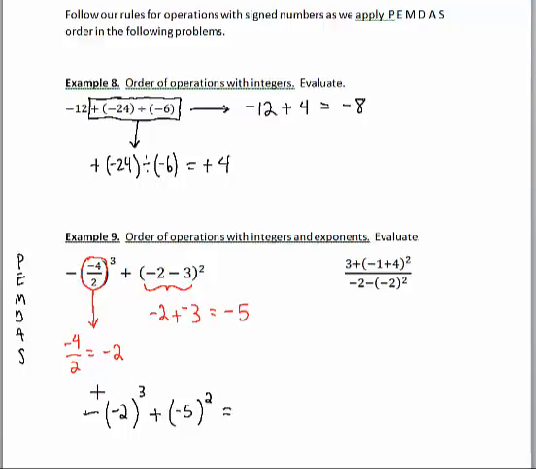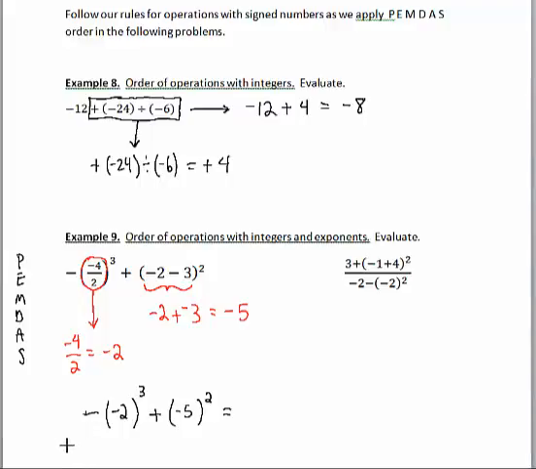And now a lot of students are tempted here to apply the double negative rule to these two negatives, but you have to remember that the order of operations takes precedence over multiplication. When you apply the double negative rule, what you're doing is you're doing multiplication before the exponents. Okay, and that's not what you want to do.